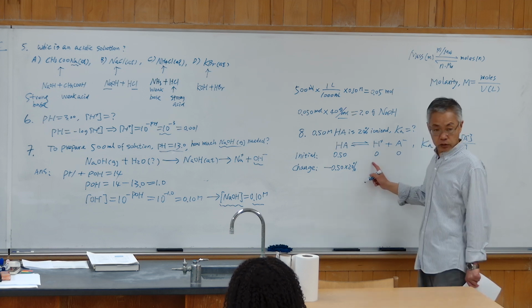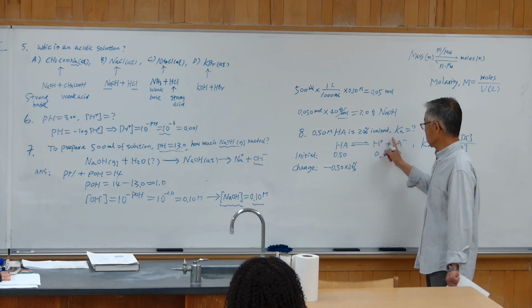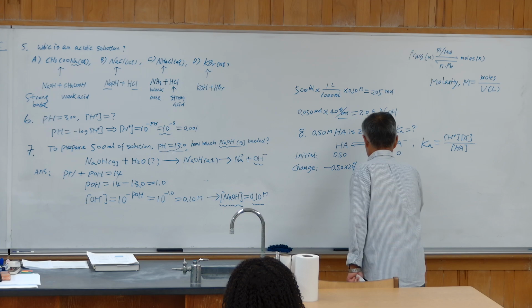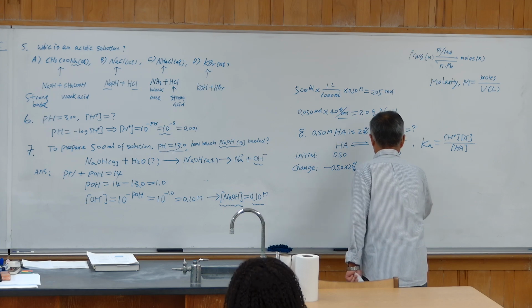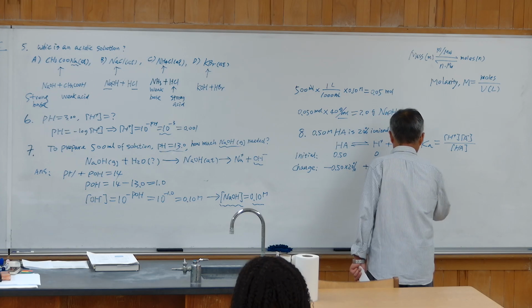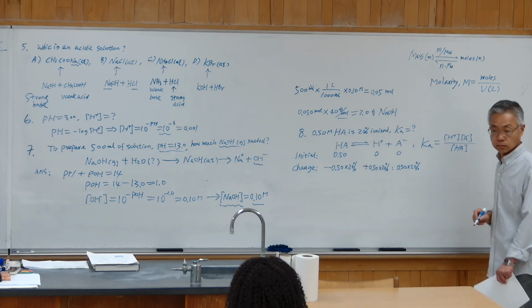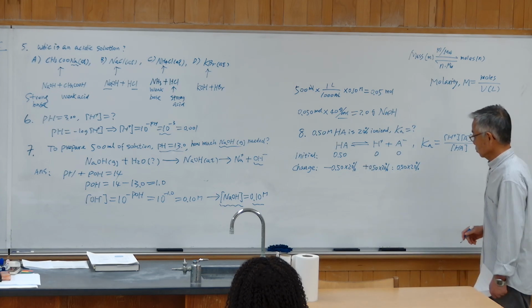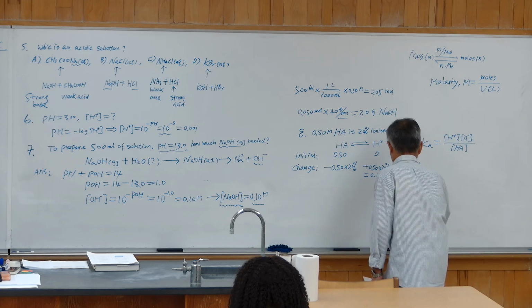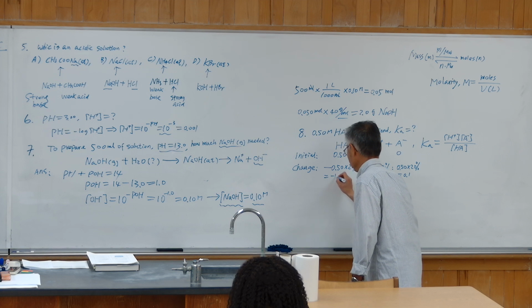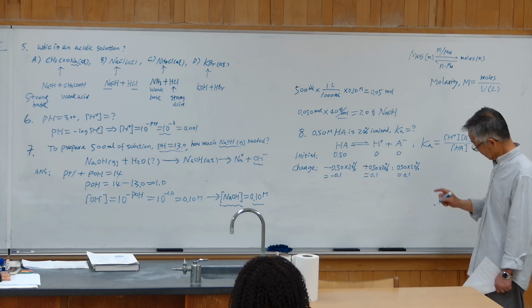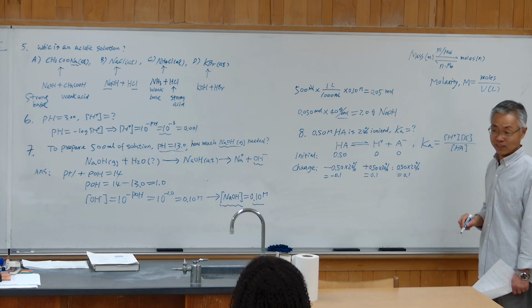Then it produces hydrogen, the same, because this is all 1 to 1 to 1. So this produces hydrogen also 0.5 times 20%, and A minus also 0.5 times 20%. If you want, you can immediately give this 0.1, this 0.1, and this negative 0.1. I'll give you an easy number this time.